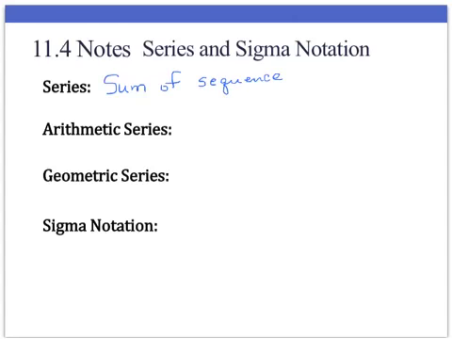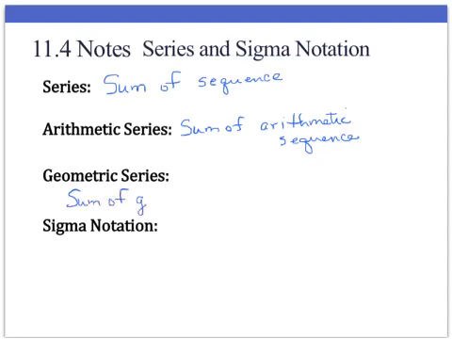An arithmetic series is the sum of an arithmetic sequence. And then a geometric series is the sum of a geometric sequence.